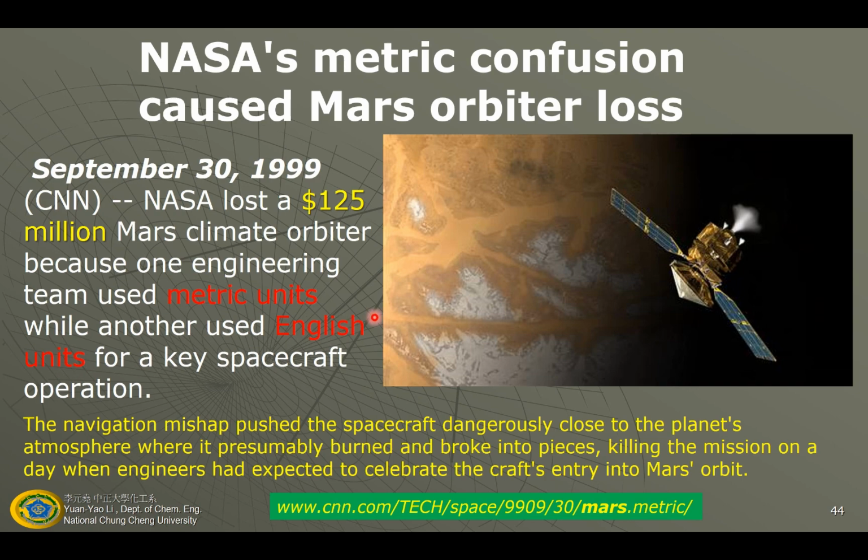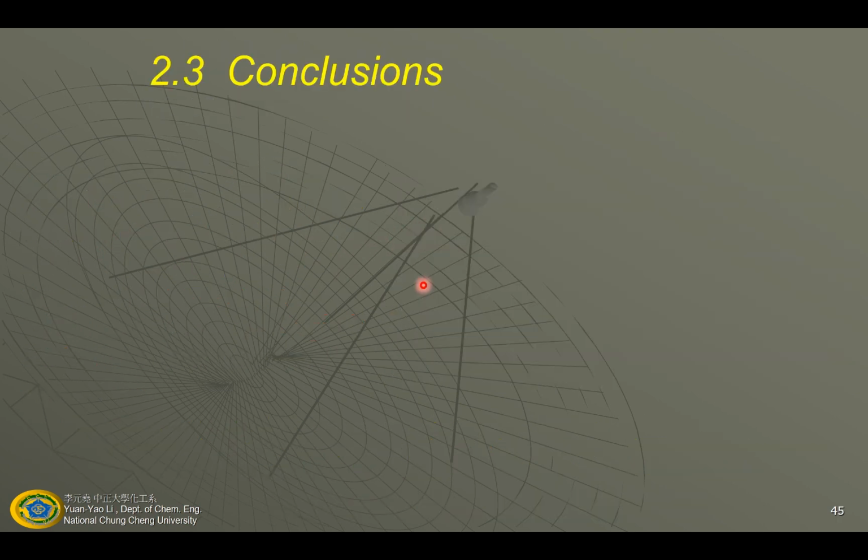These 2 teams didn't get together, so for key spacecraft operation, they lost the orbiter because 2 teams used different units. So it's very important to learn the conversion of units. Otherwise, you lose a lot of money, a 125 million orbiter. So you need to learn this.